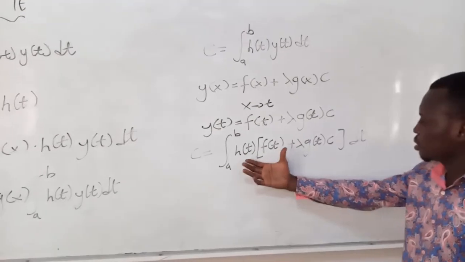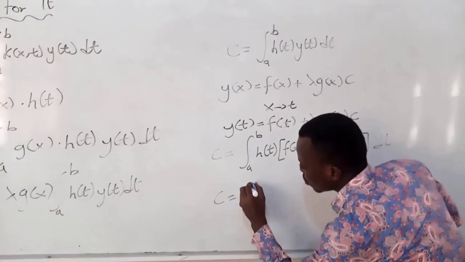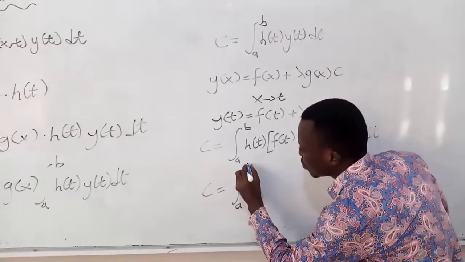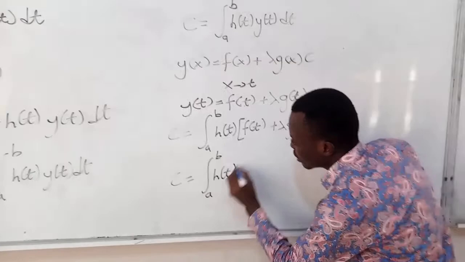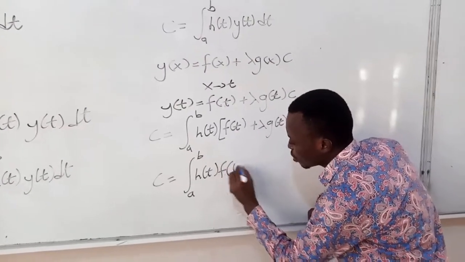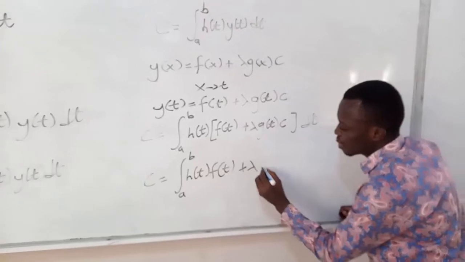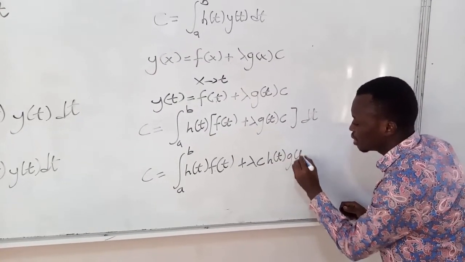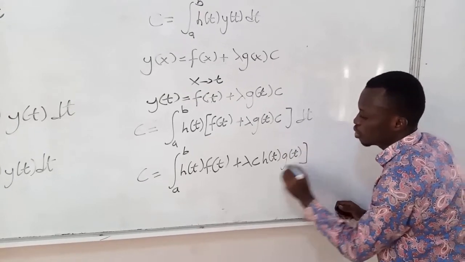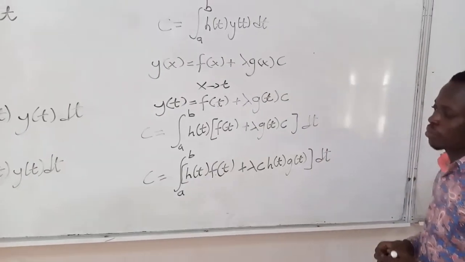Now let's expand this. I'm going to have our c equal to integral from a to b, h of t, then f of t plus lambda c g of t, all in bracket, times dt.